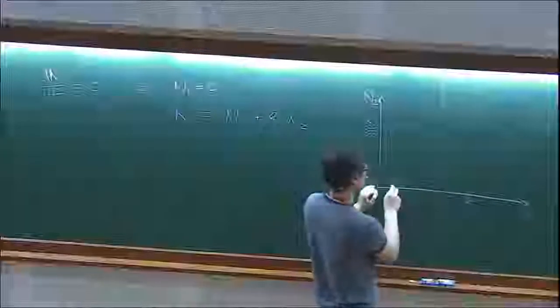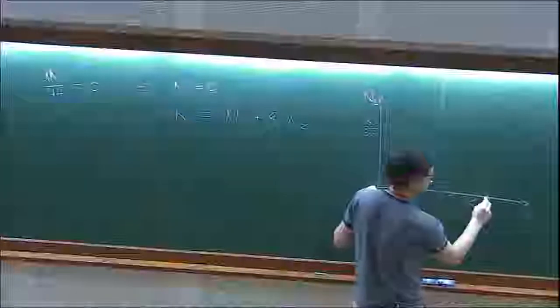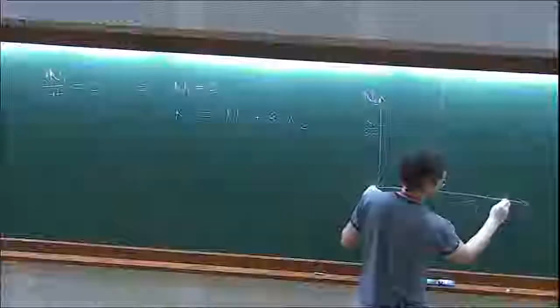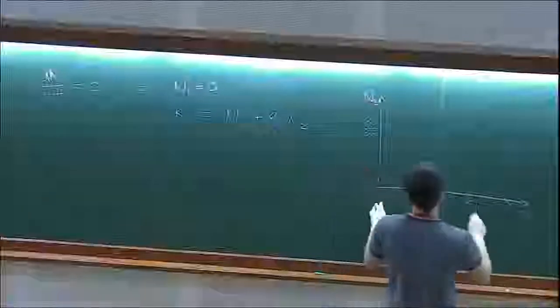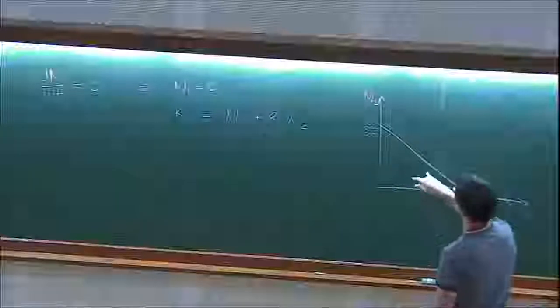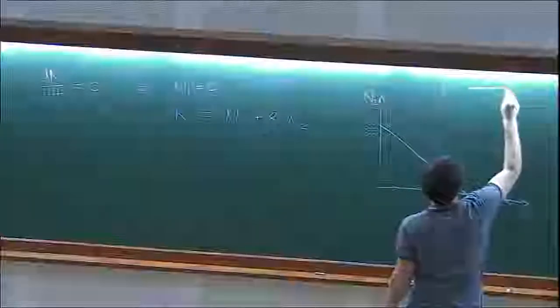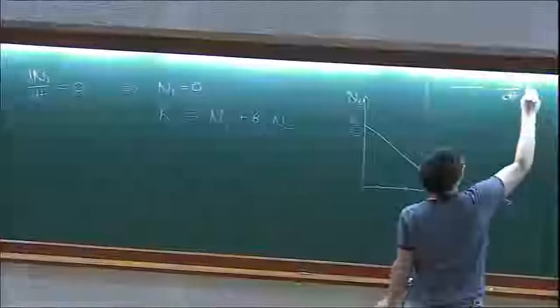So along this axis, it should look like that. And we have some line that connects these two. This line corresponds to dN1/dt equal to 0.